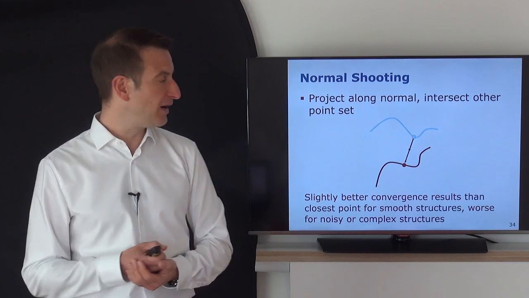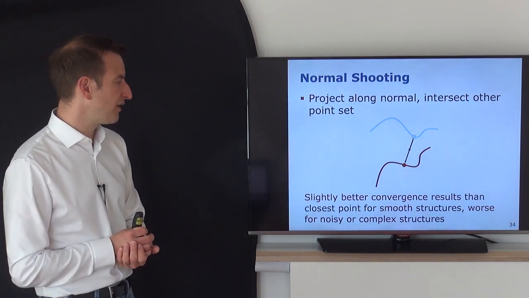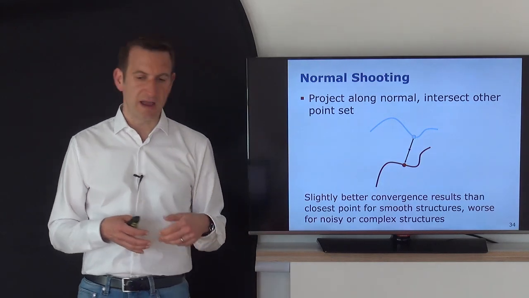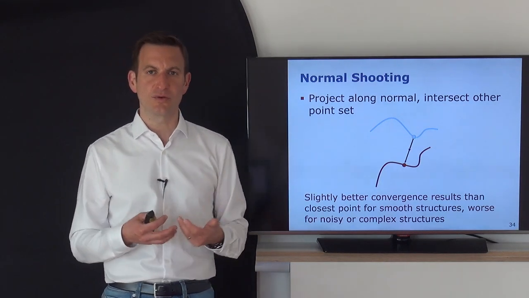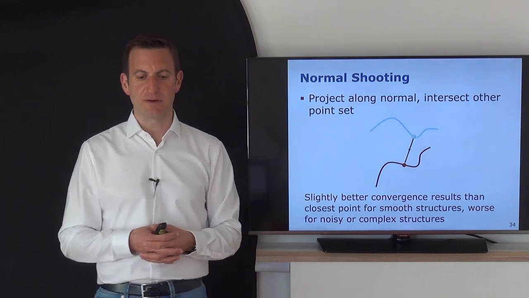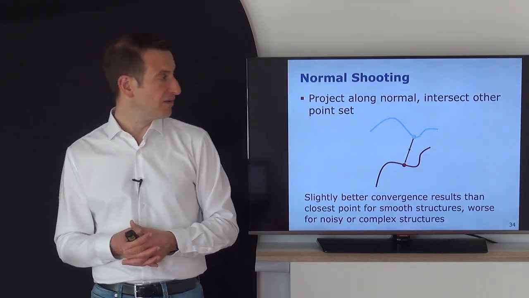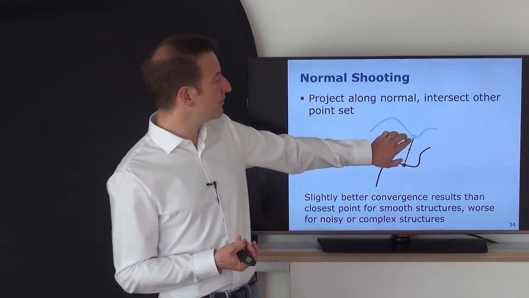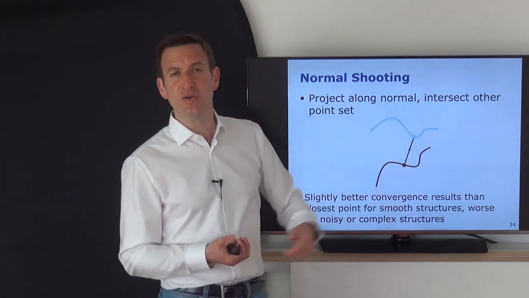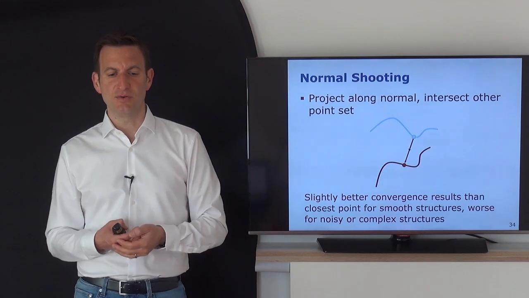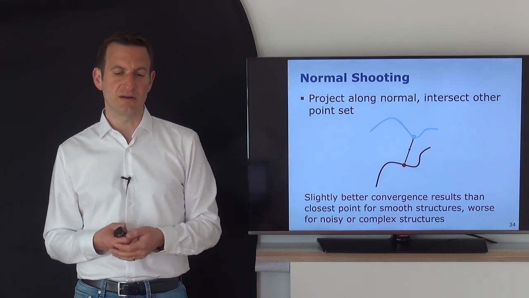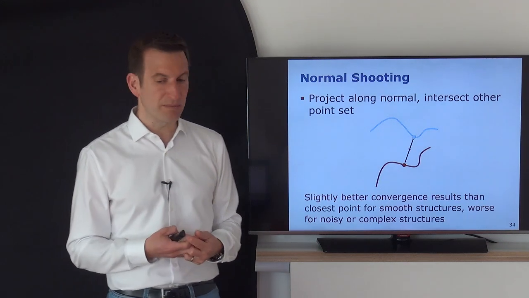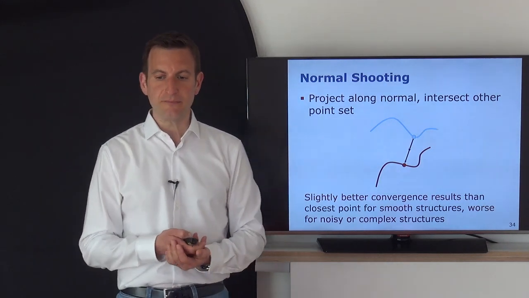It typically provides a slightly better convergence result than the closest point algorithm if I have smooth surfaces and a good initial alignment of the surfaces, but typically is not that good, especially for noisy data points. You can imagine this: if you have high noise in your data points, you may not be able to compute the direction of the normal in an appropriate way, and this can then lead to problems.